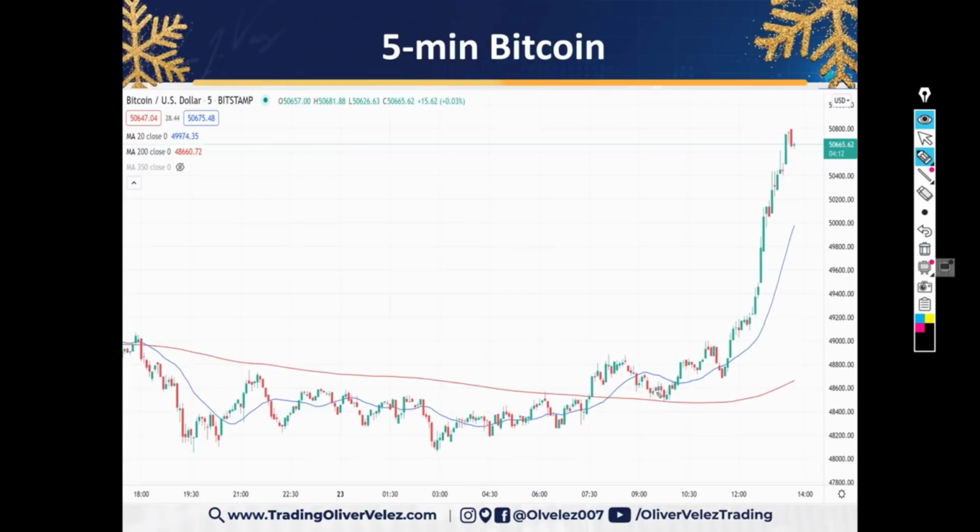Well, if green overpowers red near that floor, boom, boom, boom. There you go. Boom. All right. And at this point, just dips are buyable. Green overpowers red here. Green overpowers red there.